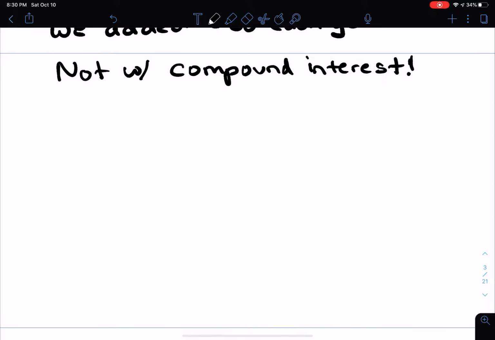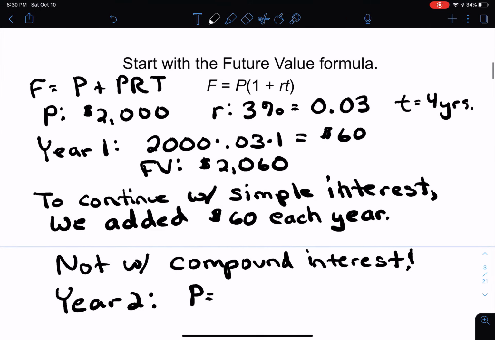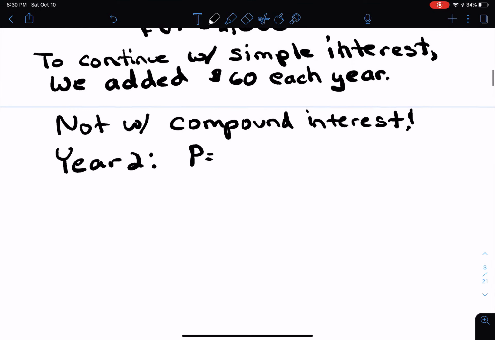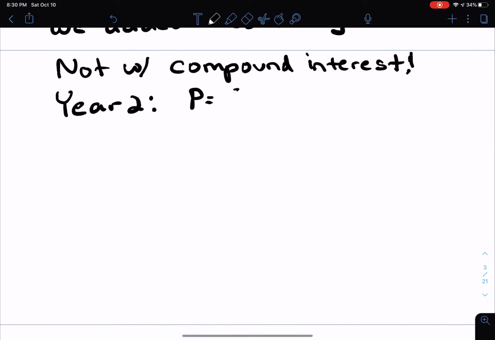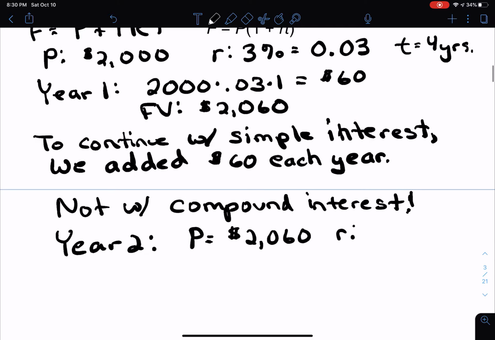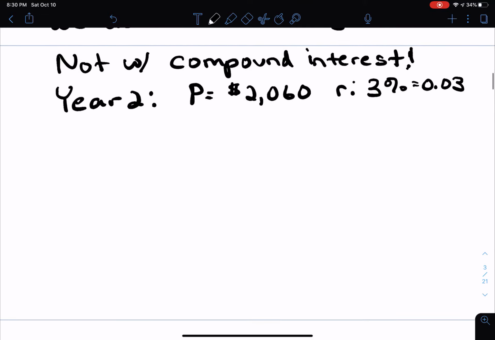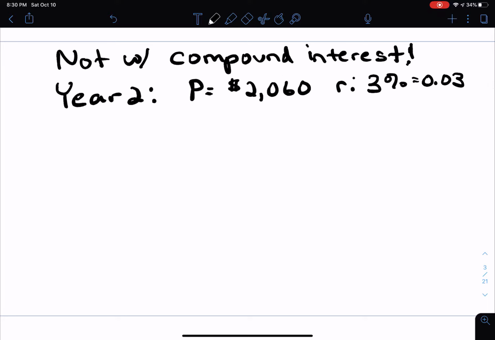With compound interest, year 2, we would say that our principal is now the $2,000 plus the $60. Our rate is still the same. That hasn't changed. That's still the 3% or 0.03. And we'll still think about time as being 1 year because we're just going to look from year to year right now.